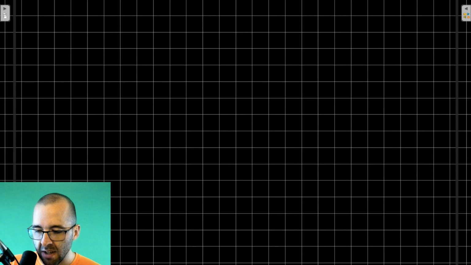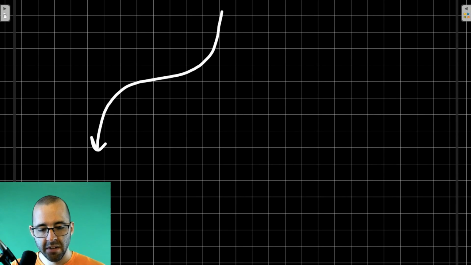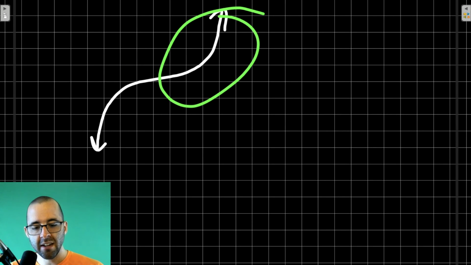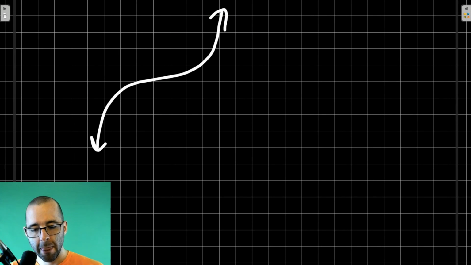All right, let's do some more definitions. So, we got one more attached to this one. What if I have this kind of cubic function? Over here on the left, right? This kind of looks like a downwards parabola. It's concave down. Over here on the right, concave up.